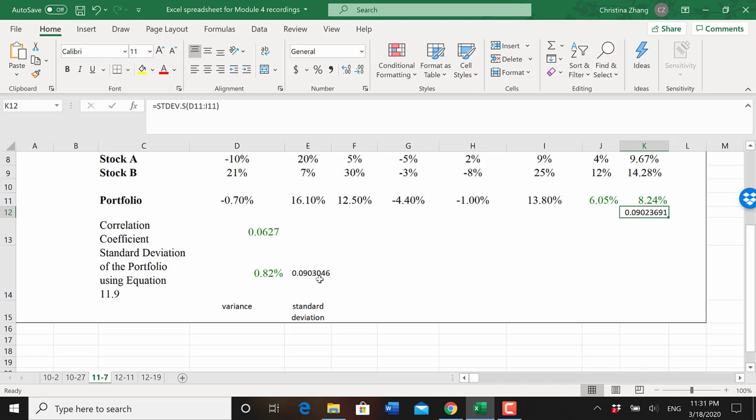In other words, when you do the portfolio standard deviation and want to use a built-in function in Excel, also make sure to be consistent and use the sample standard deviation built-in function, not the population standard deviation built-in function.